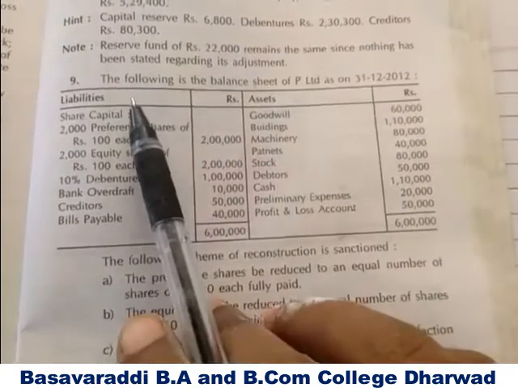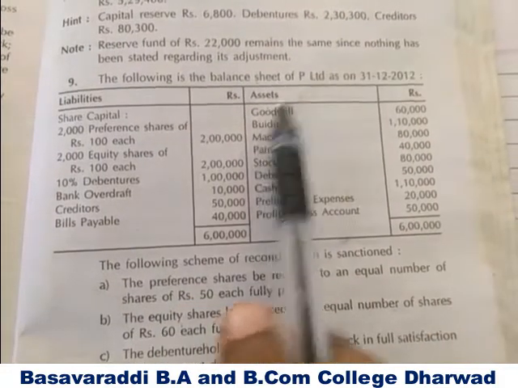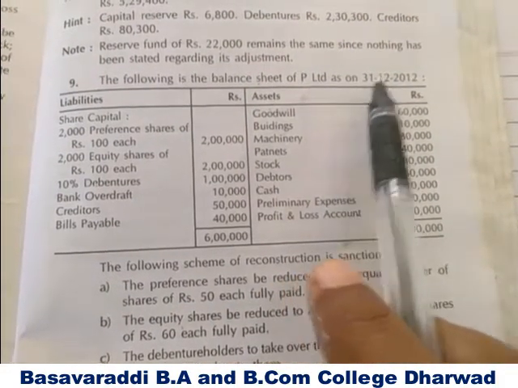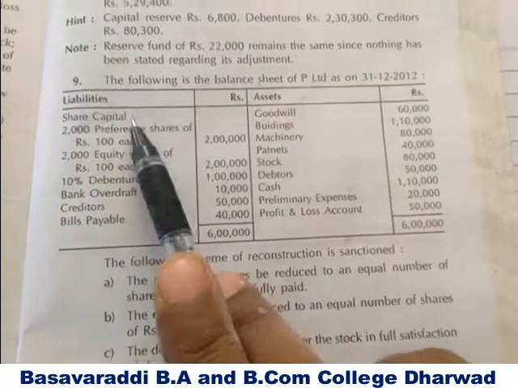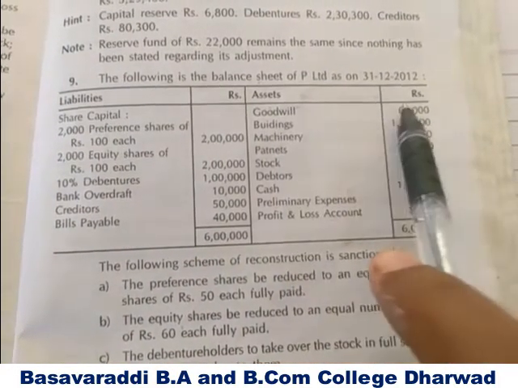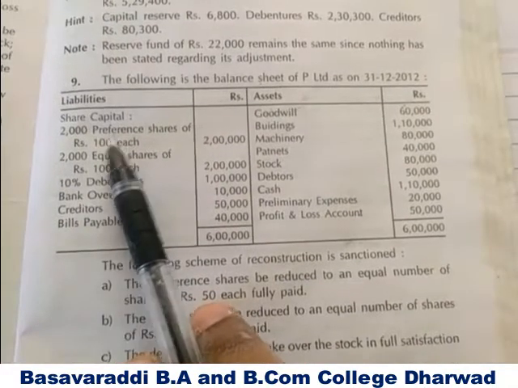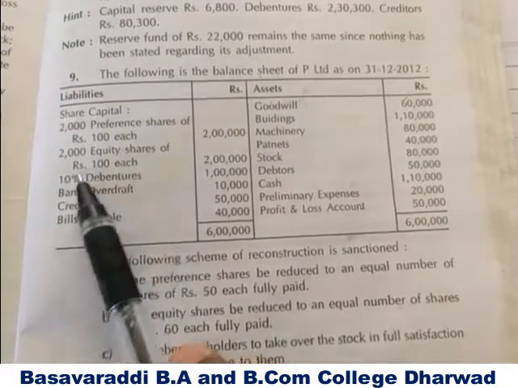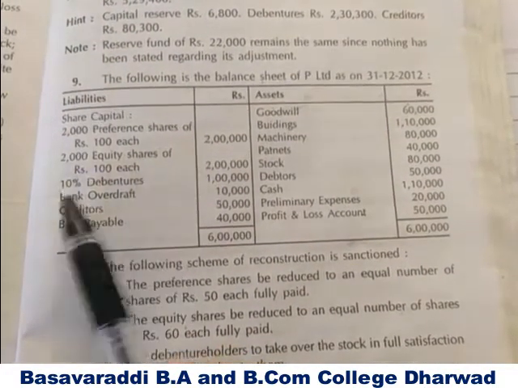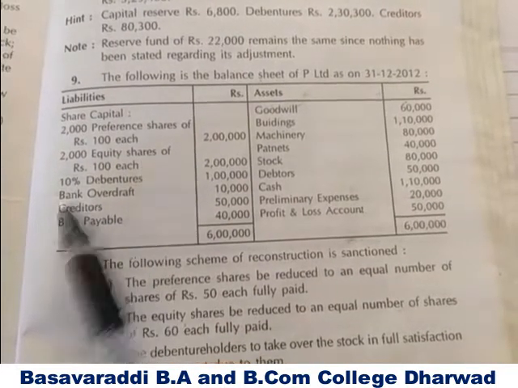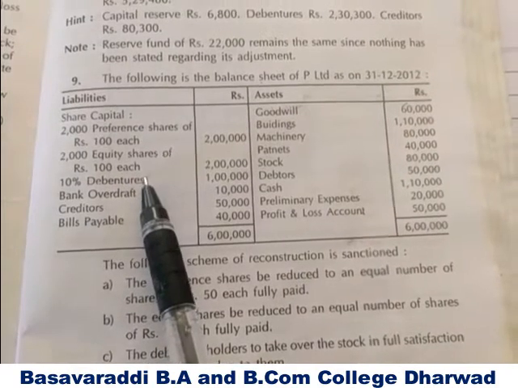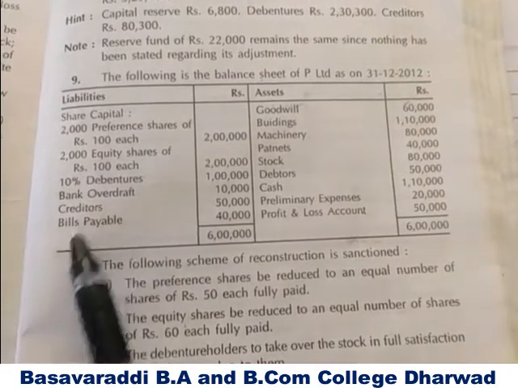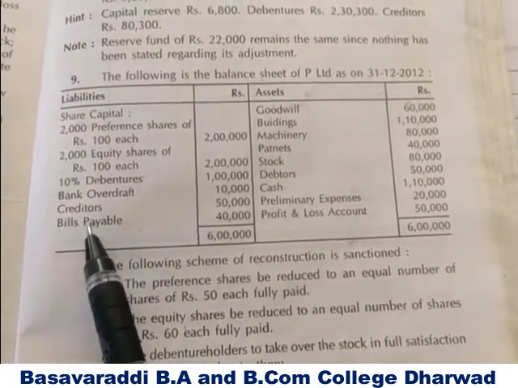Now the following is the balance sheet of P Limited as on 31st December 2012. Liabilities, rupees; assets, rupees. Share capital: 2000 preference shares of rupees 100 each and 2000 equity shares of rupees 100 each; 10% debentures, and then bank overdraft, creditors and bills payable.